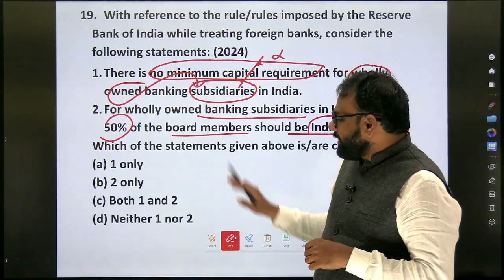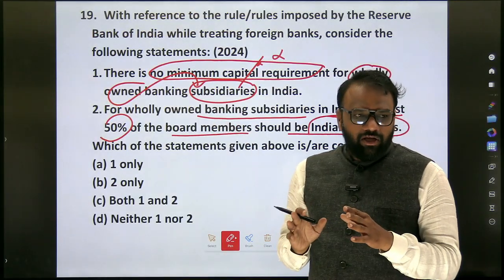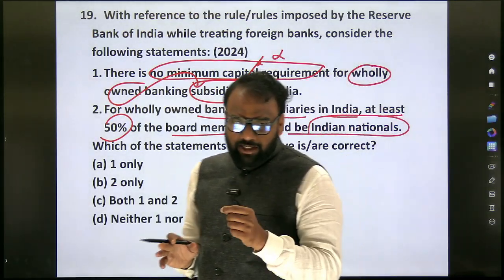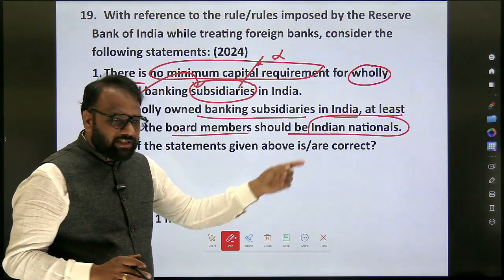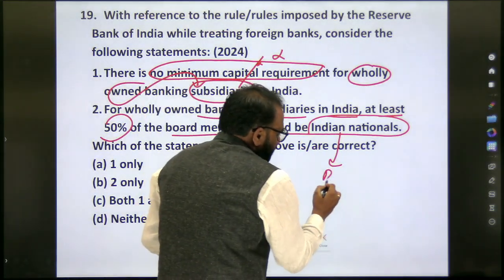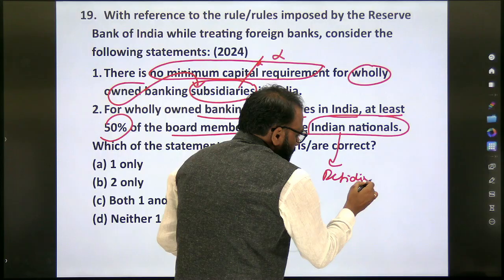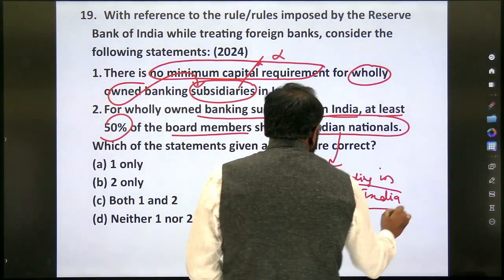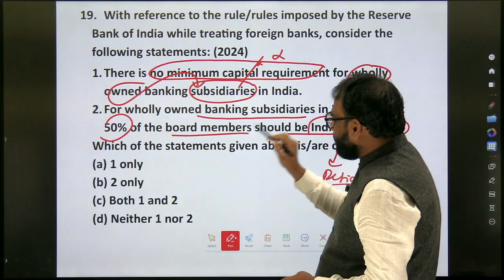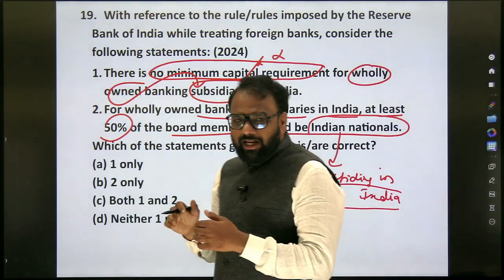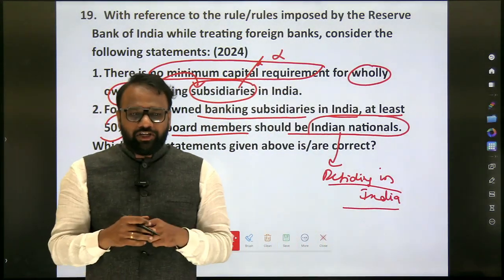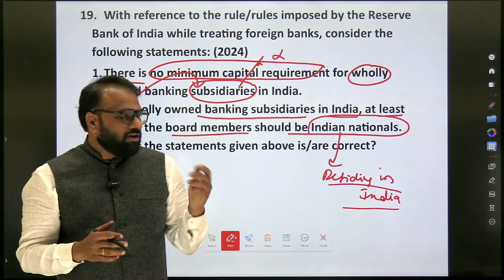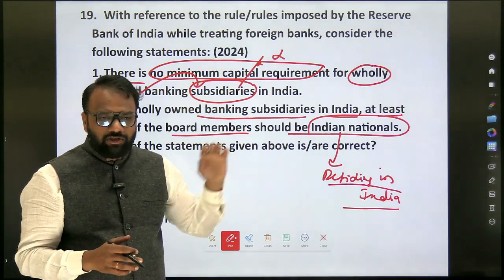But when you look at the previous year content, the RBI rules and regulations say that at least 50% of the board members should be Indian nationals residing in India. So this was the condition, and based on that condition we will conclude that this statement is false.